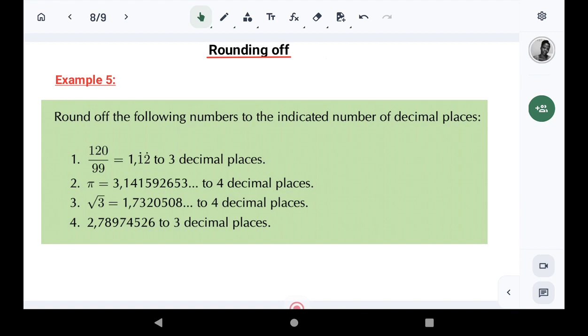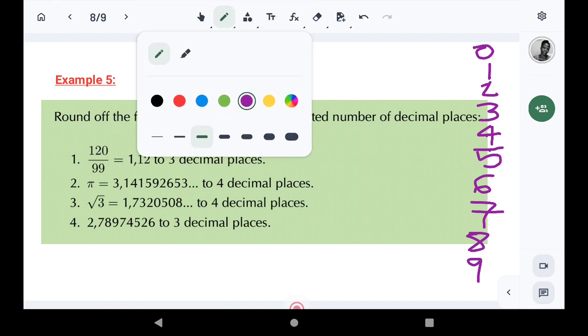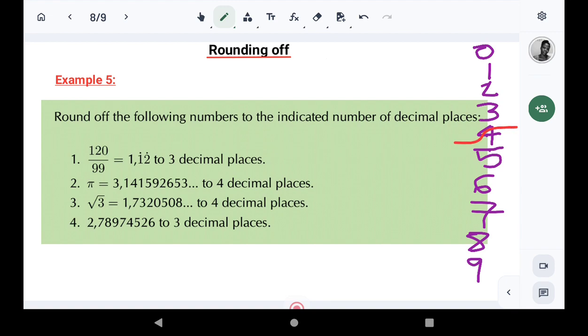In all cases, what you do is you write a number line with the numbers 1, 2, 3, 4, 5, 6, 7, 8, 9. And then draw a line between 4 and 5.